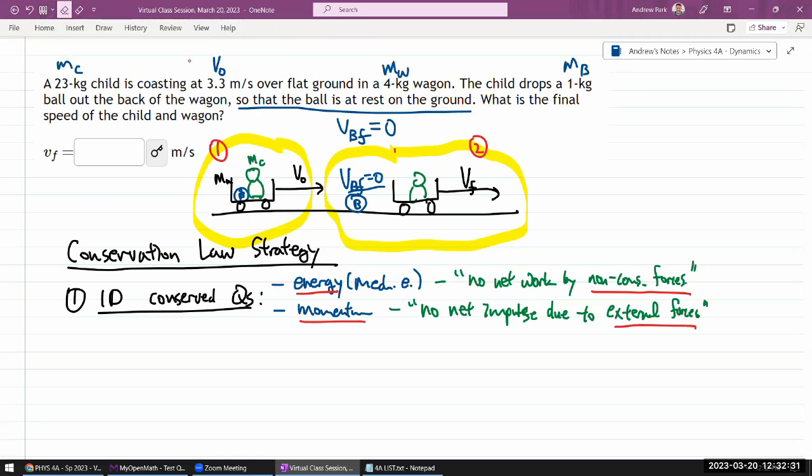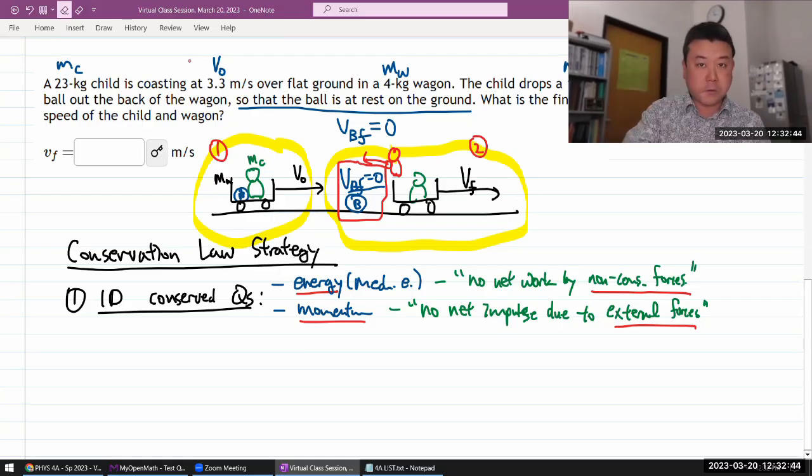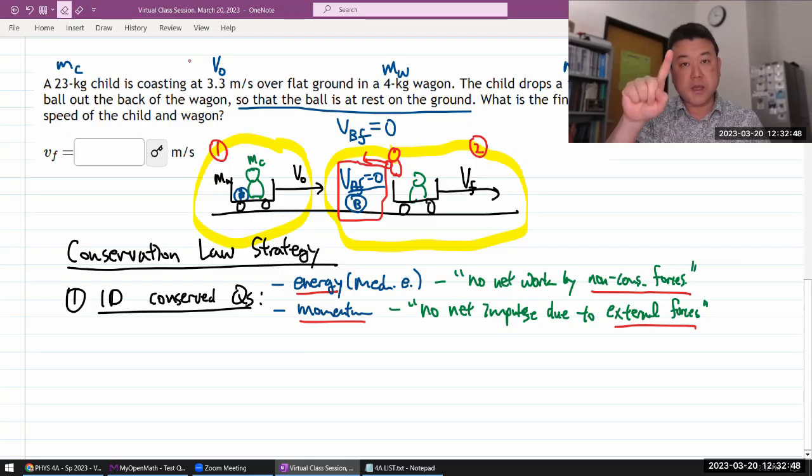Think about the moment when the child is pushing the ball out. In order to achieve this final state, I believe the child has to really throw the ball. And as the child is throwing the ball, now somebody's doing work on the ball.